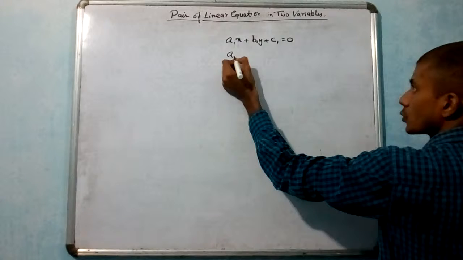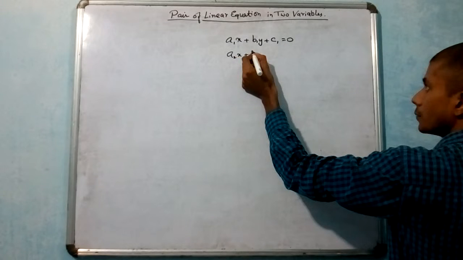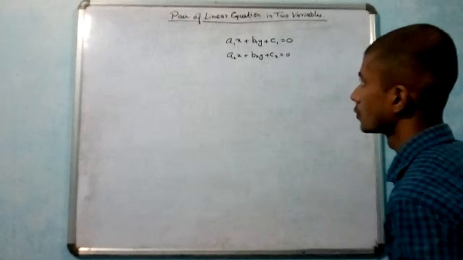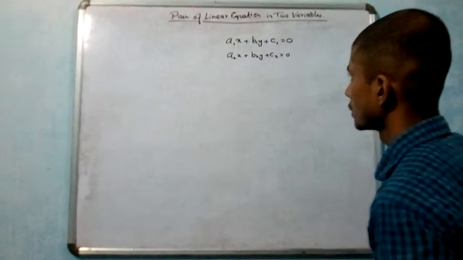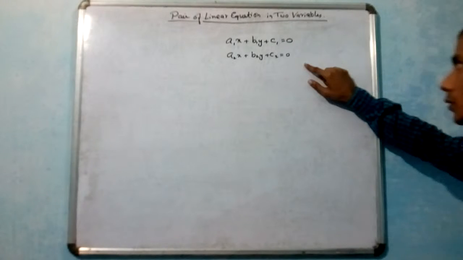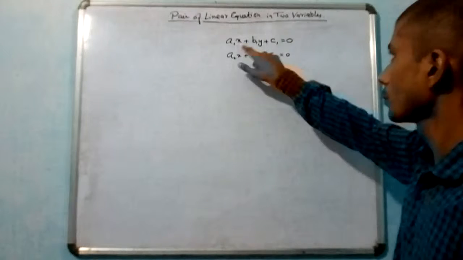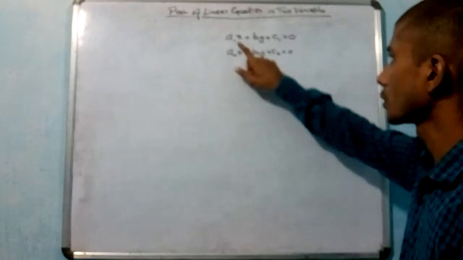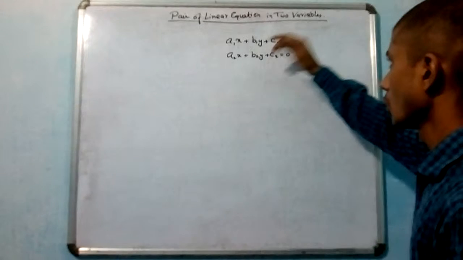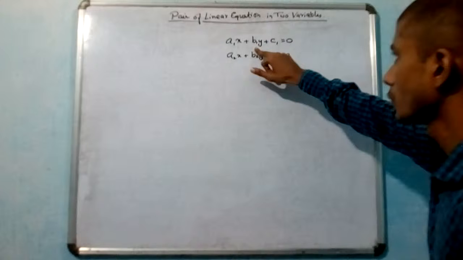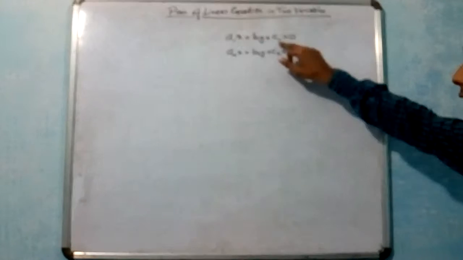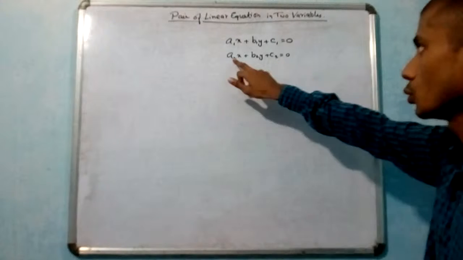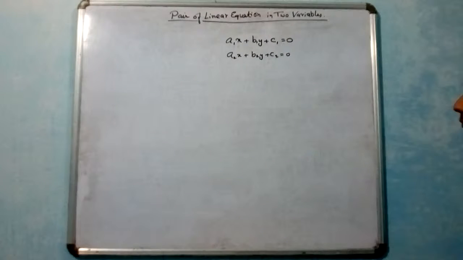The second one is a2x + b2y + c2 = 0. This is the general representation for the second equation. So a1, b1, c1, a2, b2, c2 are the coefficients. a1 is the coefficient of x in the first equation, b1 of y, and c1 is the constant of the first equation. For the second equation we represent them by 2, 2, 2.